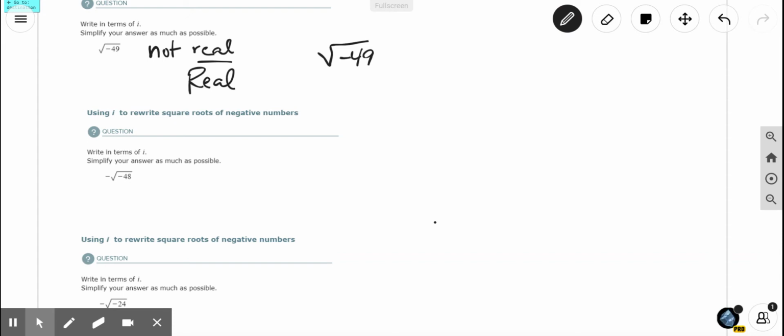So here's the definition, and you need to have this down. The square root of negative 1 is i. That's it. Or backwards, if the square root of negative 1 is i, then i squared is equal to negative 1. Get it?